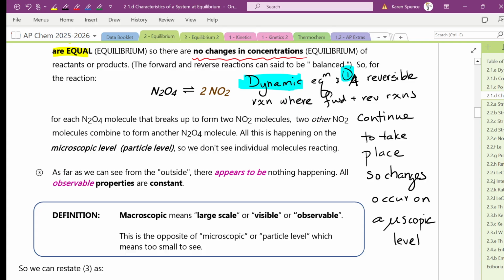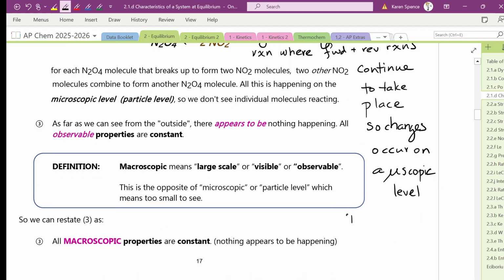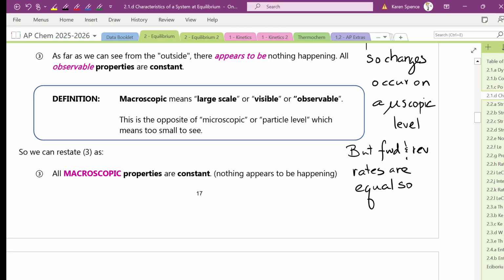Now, if we want to explain the equilibrium, we need to say that those forward and reverse rates are equal, so the macroscopic properties stay the same.